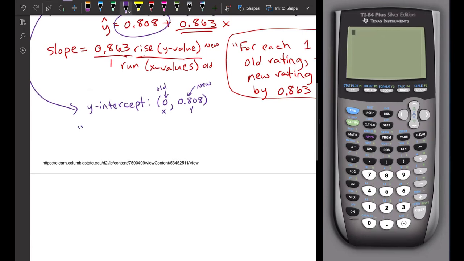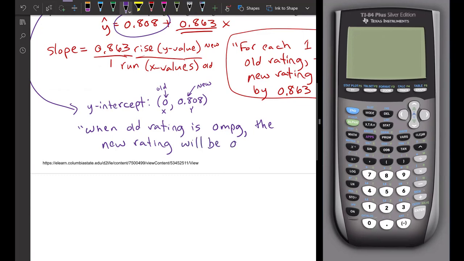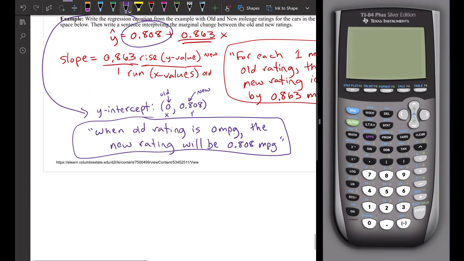When the old mileage rating is 0 miles per gallon, what will the new rating be? The new rating will be 0.808 miles per gallon.